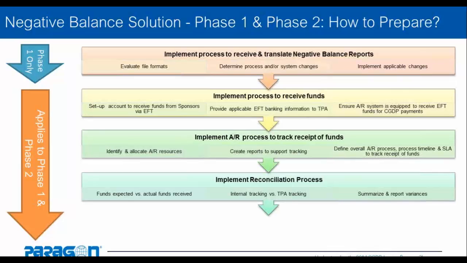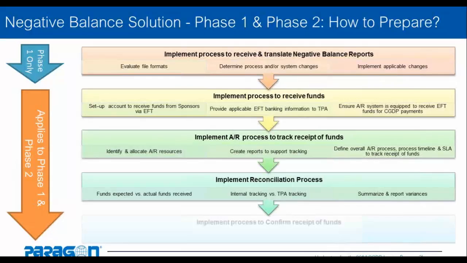In the event you find discrepancies or variances, you'll want to contact the TPA ASAP to address. For both of these areas, you'll want to summarize and report variances. This will help feed the payment confirmation report or support follow-up with the TPA on issues with invoice reports.